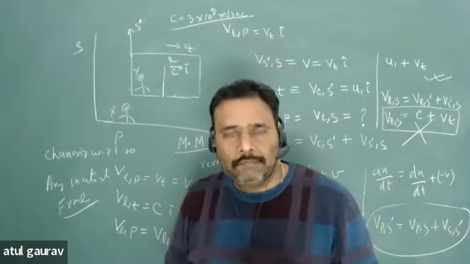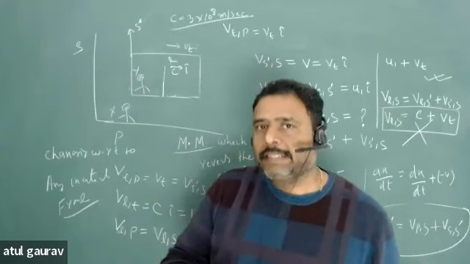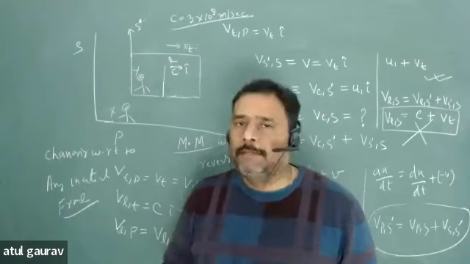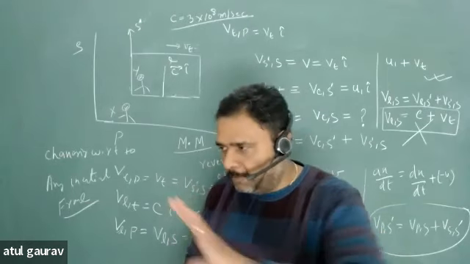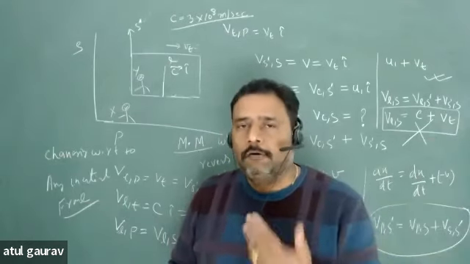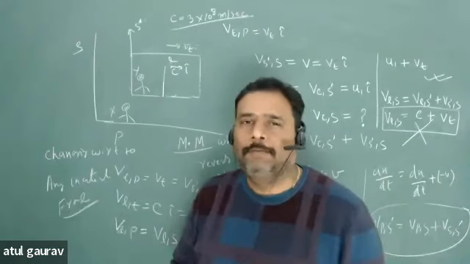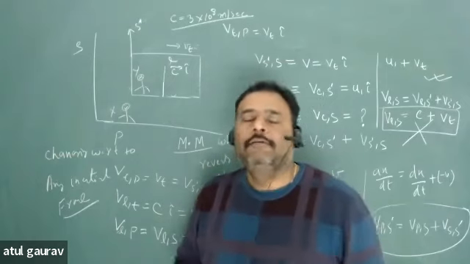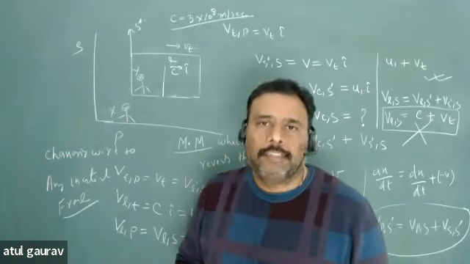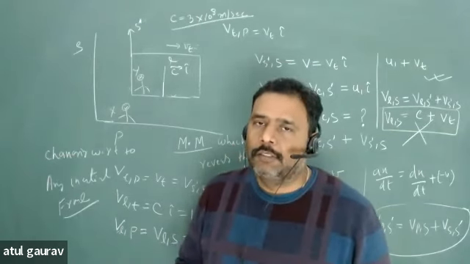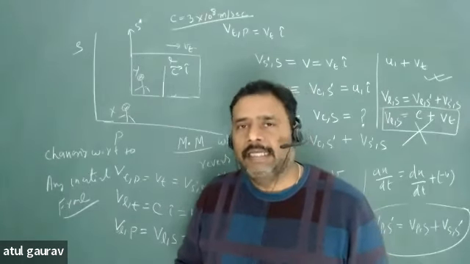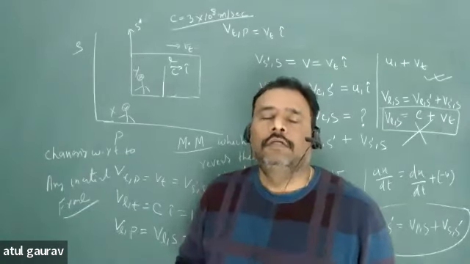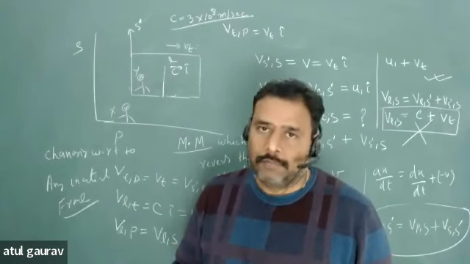We will learn how to take the S frame and how to take the S dash frame. This is very confusing, so we have to make one methodology for how to make the S frame and the S dash frame. Then we will try to solve one or two problems with the Galilean transformation, and then we will move towards the postulates of the special theory of relativity, and then we will try to derive the Lorentz transformation.